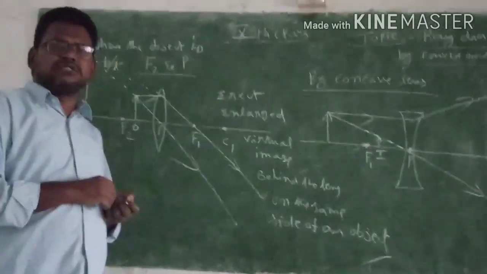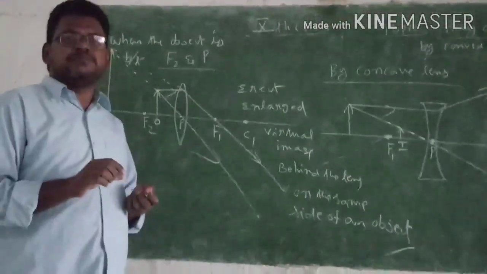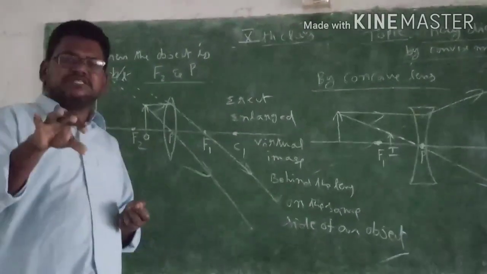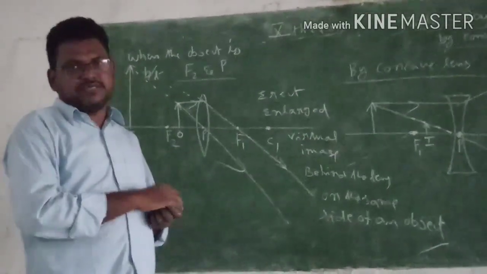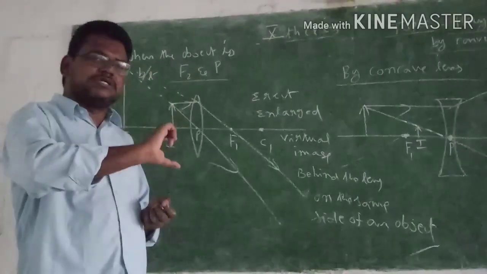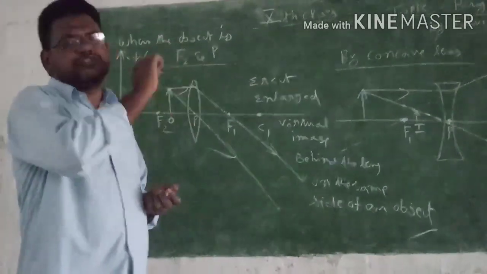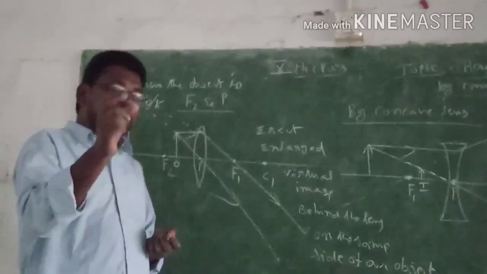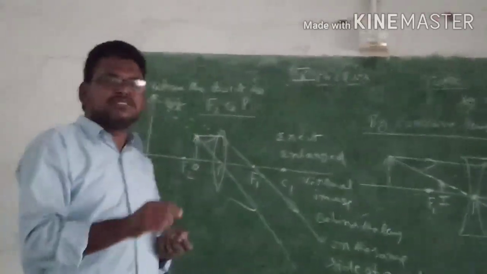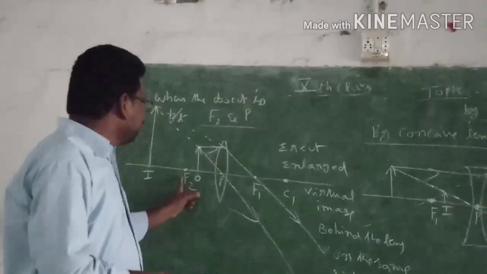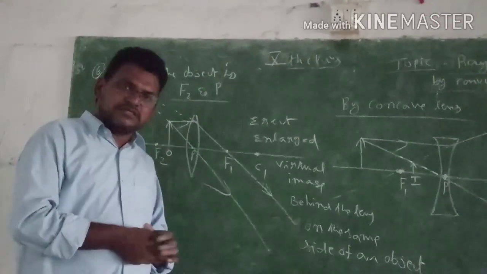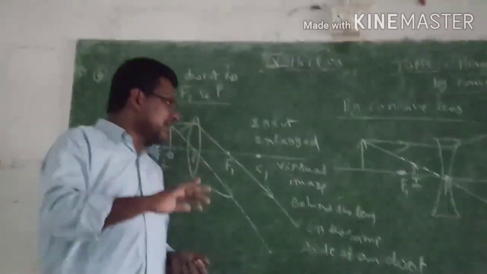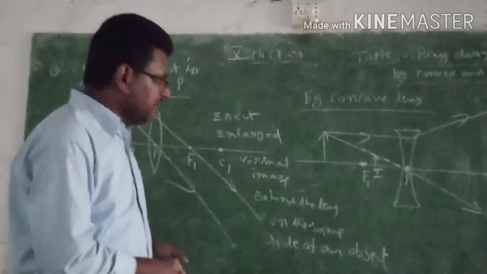From this we can conclude that a convex lens can form both real images and virtual images. In which case can a convex lens form a virtual image? In the case when the object is between a focus and optic center. In the remaining cases, it forms real images.